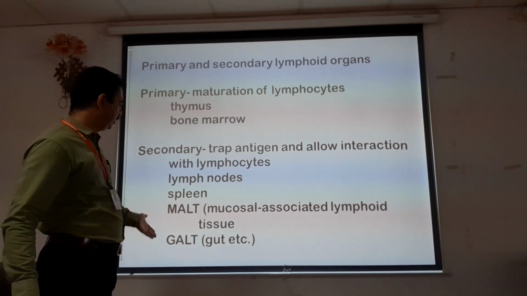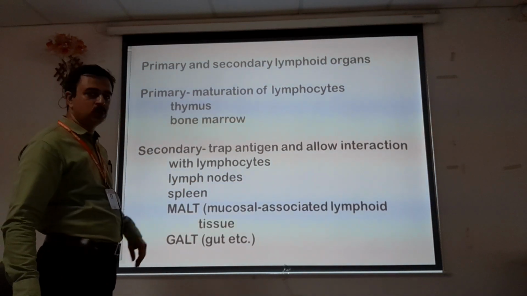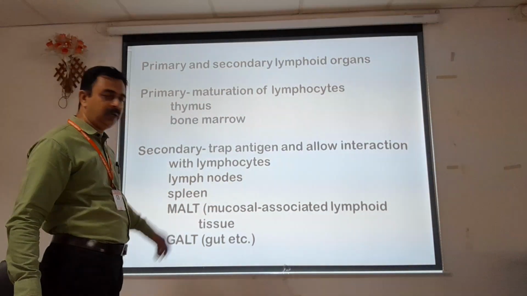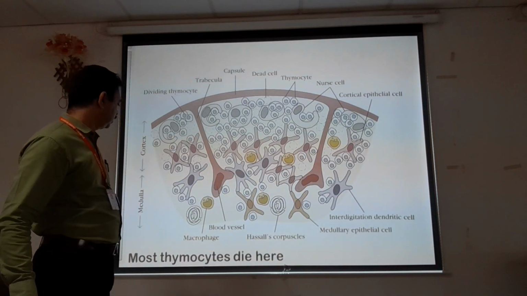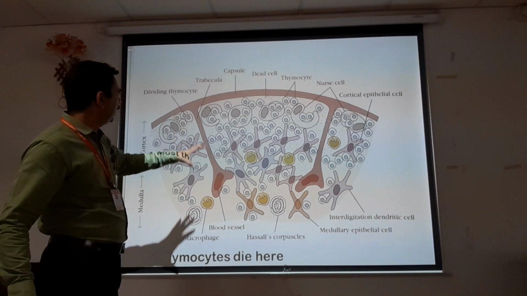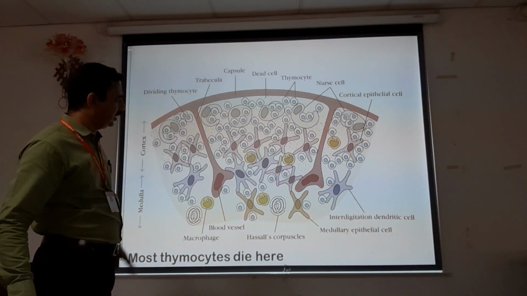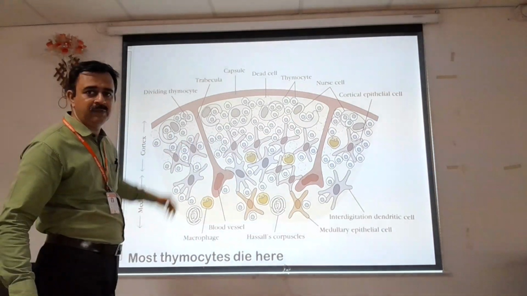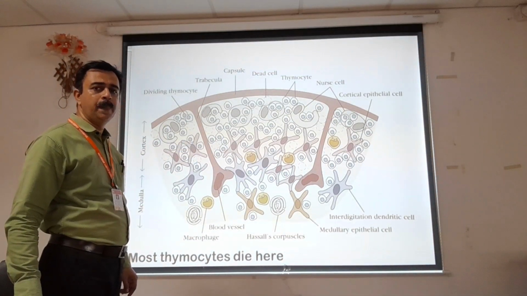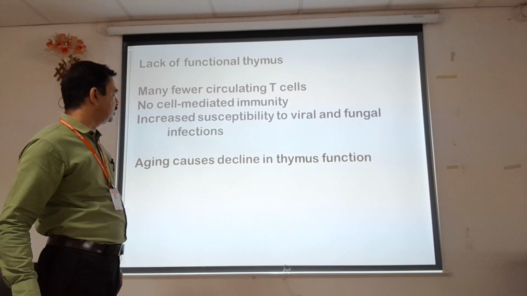MALT and GALT will also be present. MALT will be mucosal associated lymphoid tissue and GALT will be gut associated. So this is where thymocytes die, and actually this diagram will tell us that the various different cells which are present inside the body have different interactions towards the incoming antigens.